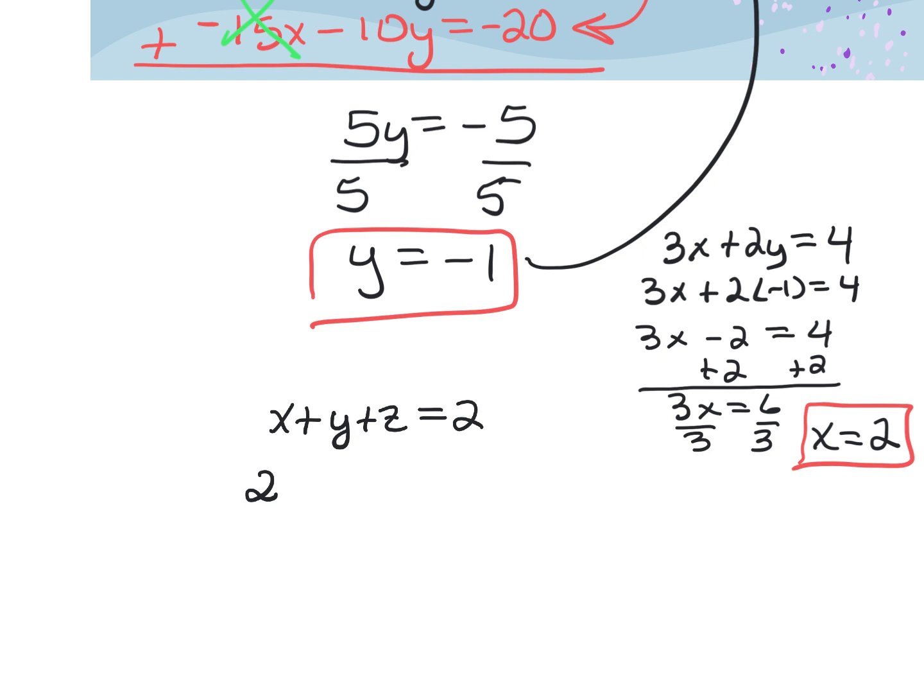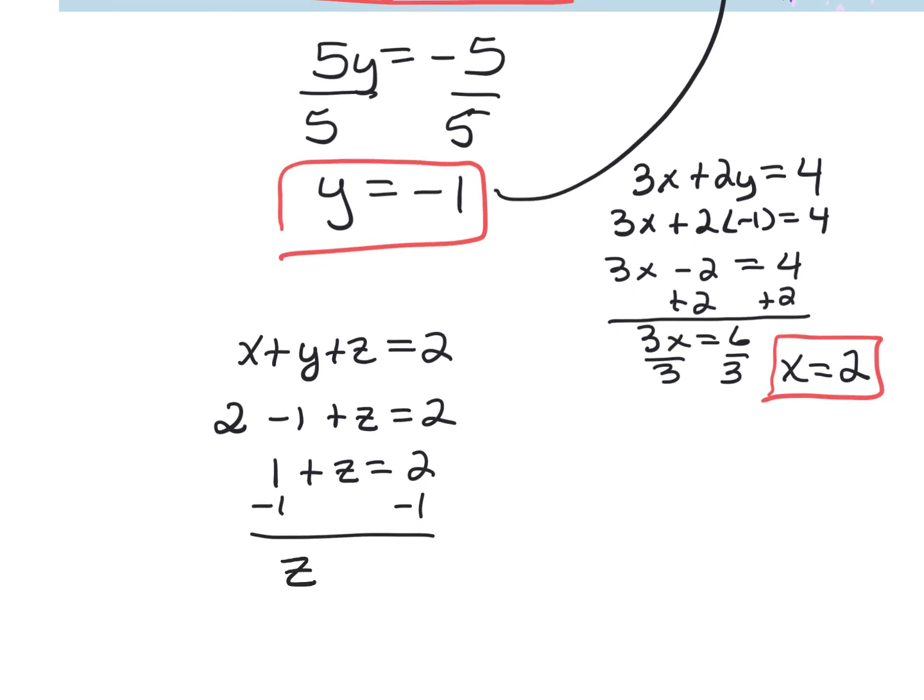Take out the y, replace it with -1. I don't know z. I'm going to add my like terms here. 2 minus 1 is 1. I'm going to subtract 1 from both sides. And z equals +1. My ordered triple in alphabetical order: x is 2, y is -1, and z is +1. And there's your ordered triple.